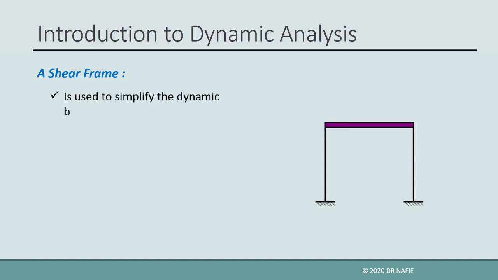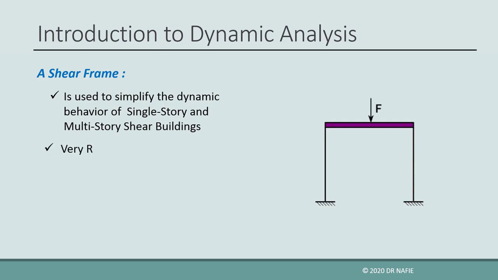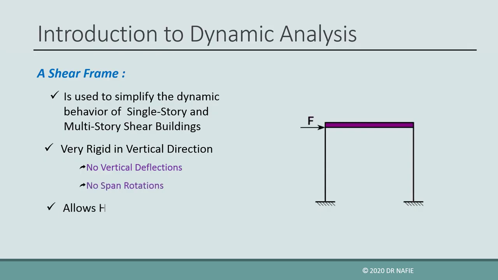The shear frame is a special type of frame used to simplify the dynamic behavior of single-story and multi-story shear buildings, such as buildings that depend on shear walls to resist lateral loads. This frame is rigid in the vertical direction and doesn't allow any deflection or rotation within the span. It is only permitted to sway in the horizontal direction.